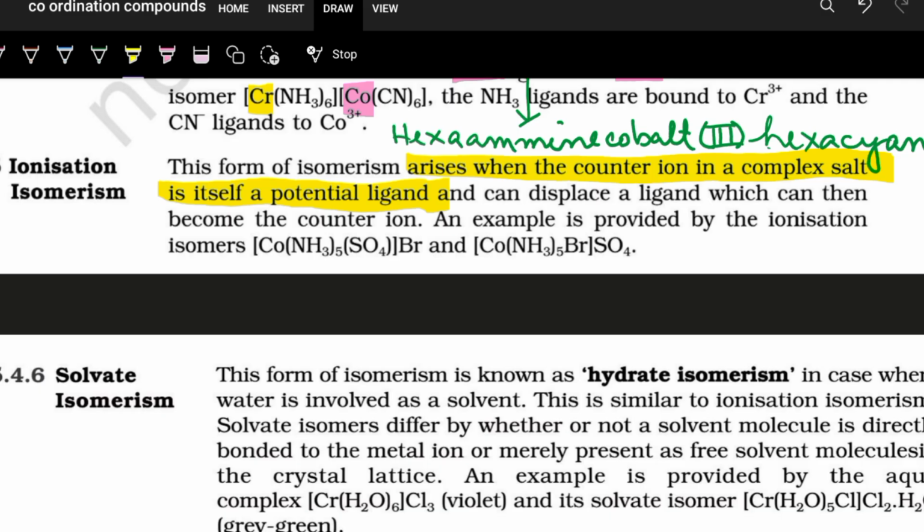That means the counter ion, the part which is ionizable, can also act as a ligand. See, SO4 is acting as a ligand here, and in its isomer SO4 is acting as a counter ion. So these are ionization isomers.